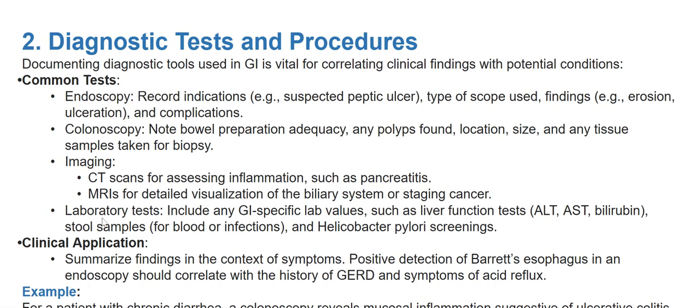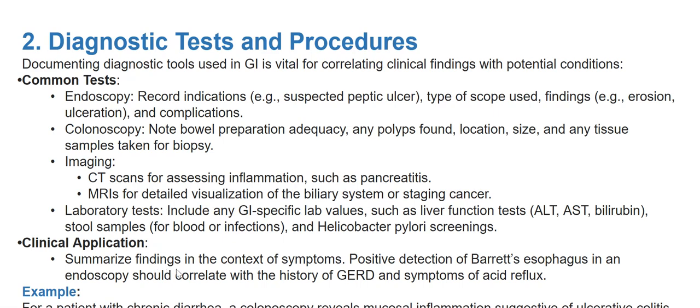Lab or laboratory tests include any GI-specific lab values such as liver function tests, including ALT, AST, bilirubin, stool samples for blood or infections, and Helicobacter pylori screenings. H. pylori for short, for Helicobacter pylori screenings.